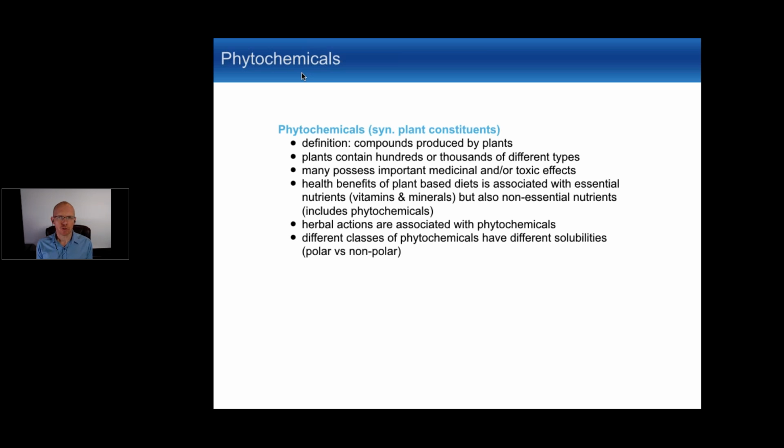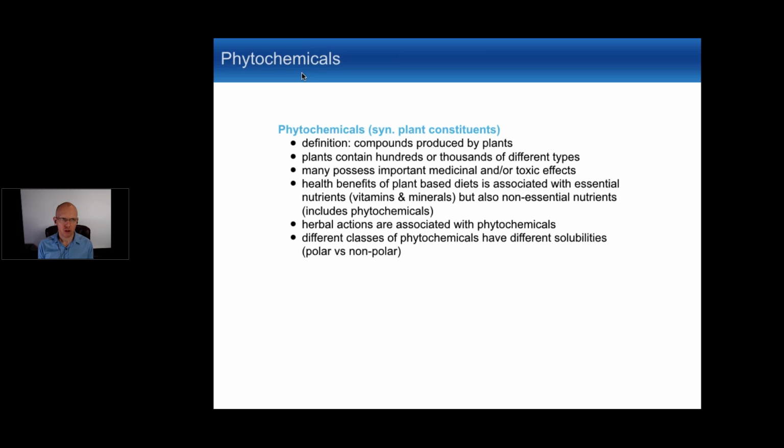Now, the third type of nutrient is what's called the non-essential nutrients. And these are the various phenolic compounds. And these could be things like bioflavonoids or sesquiterpene lactones, or all sorts of different phytochemicals that, although you don't need them to live, these non-essential nutrients, these phytochemicals, help prevent various diseases like heart disease, cancer, and diabetes.